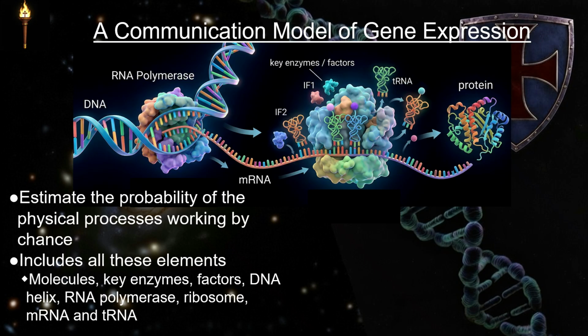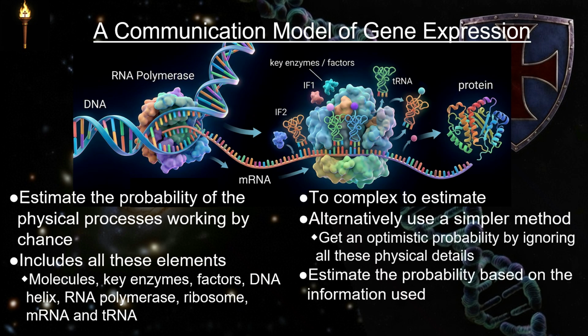We can try to estimate the probability of all of these physical processes working by chance, including all of these things you see here on the screen, but that's really too complex to estimate. We can't do that from a practical standpoint. So we're going to use a simple method, which I hinted at before. We're going to get an optimistic probability by ignoring all of these physical things.